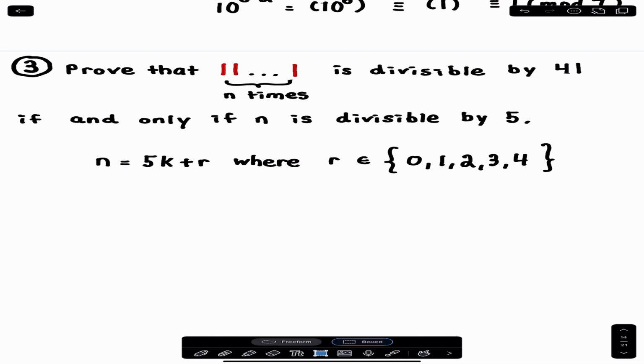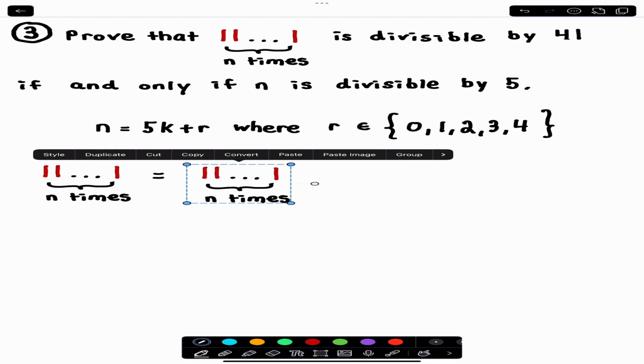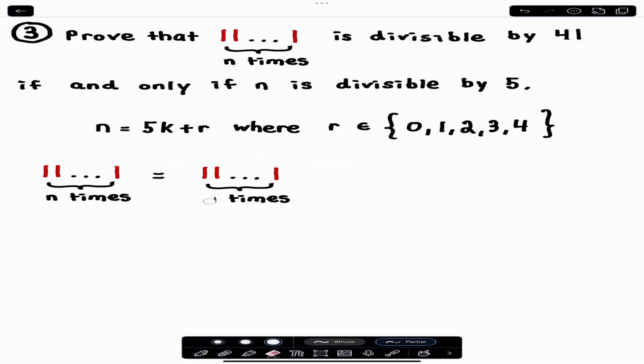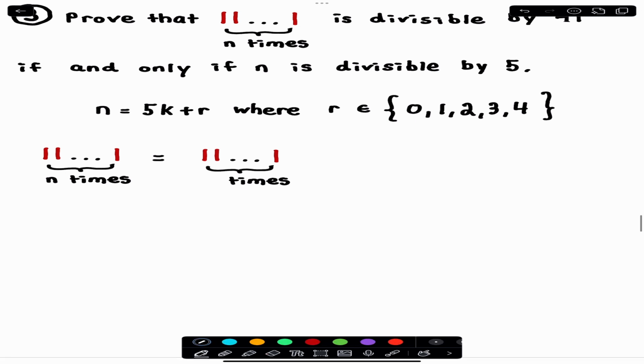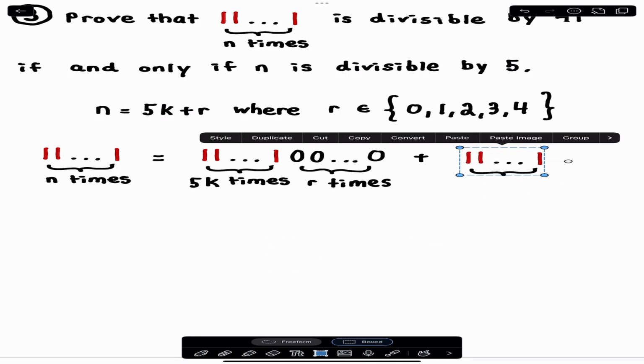This means this rep unit, if I just copy over here, a 1 that repeats itself n times, can now be replaced by a 1 that repeats itself 5k times, followed by a bunch of zeros that repeats itself r times, plus a bunch of 1s repeated r times as well.